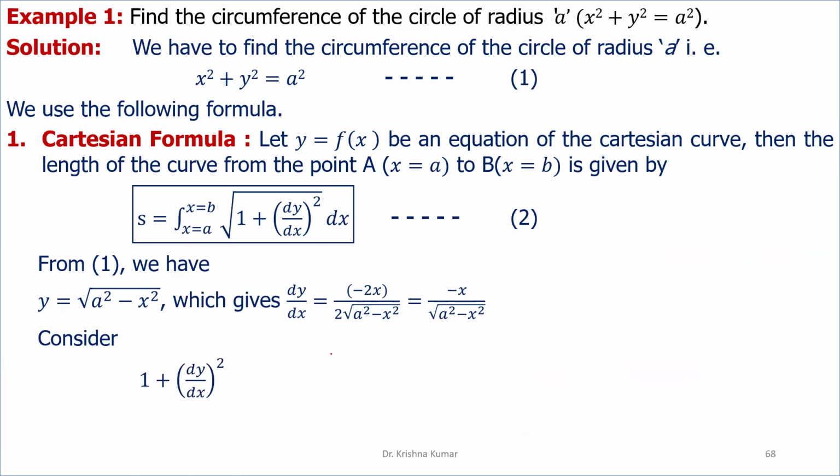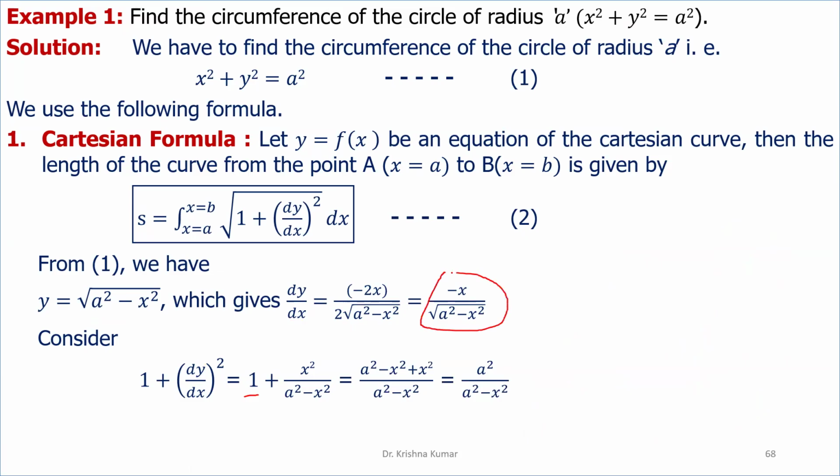Consider 1 plus (dy/dx) whole square. So 1 plus, what is dy/dx? It is minus x upon root a square minus x square. Squaring, minus x square is x square, and if we take the square of root over a square minus x square, the root sign is removed.